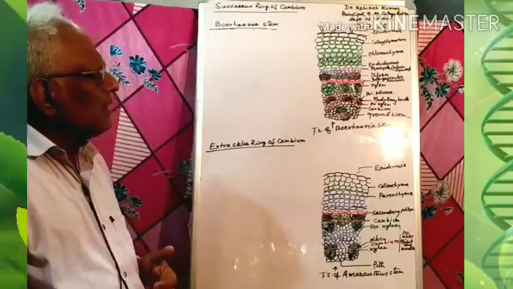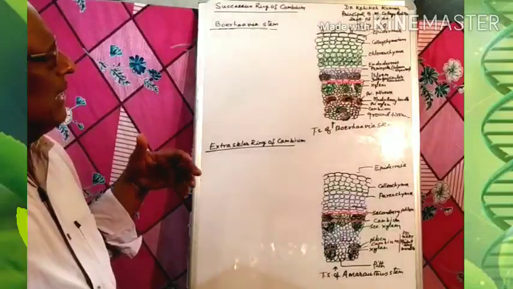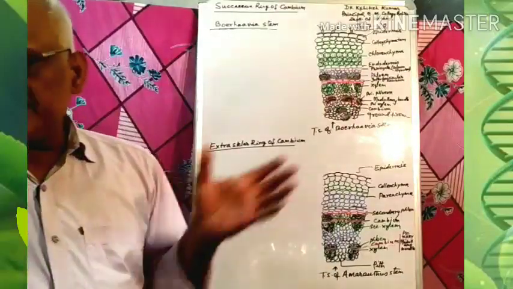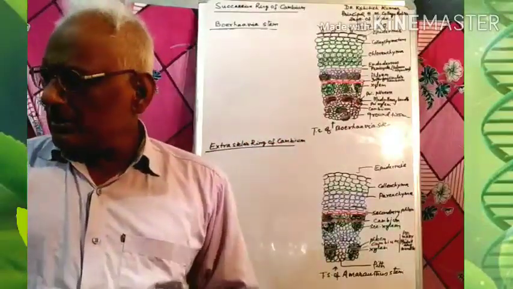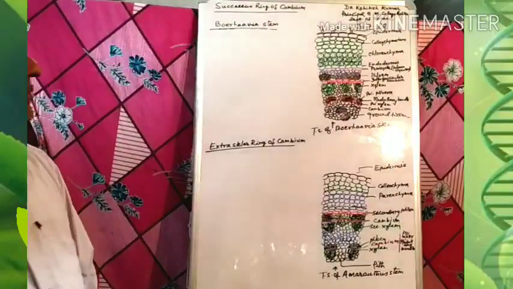Thereafter is the epidermal layer, and as it is a dicot stem, multicellular hairs emerge from it.